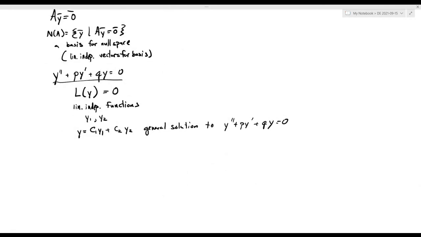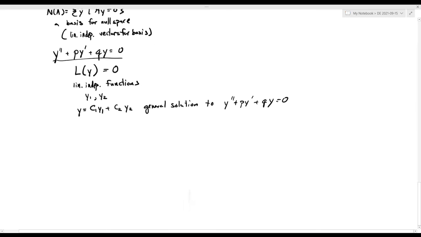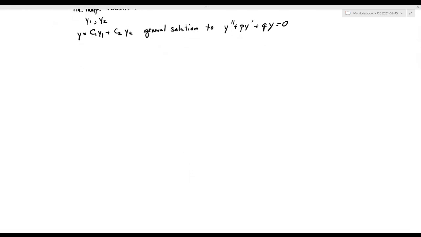Okay, so this idea of trying to find linearly independent functions that satisfy the homogeneous linear differential equation raises a question: well, how do you know whether two functions are linearly independent, right? Well, so let's investigate that.